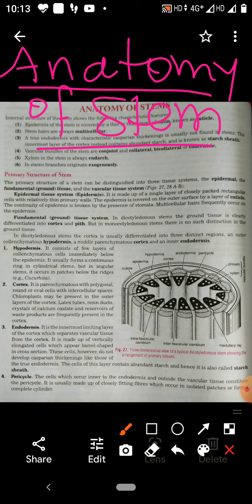Children, I am going to explain to you the anatomy of stem. Do you know what a stem is? It is the aerial part of the plant. It develops from the plumule.